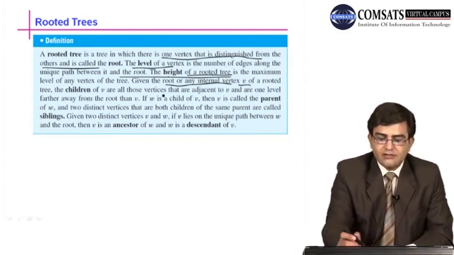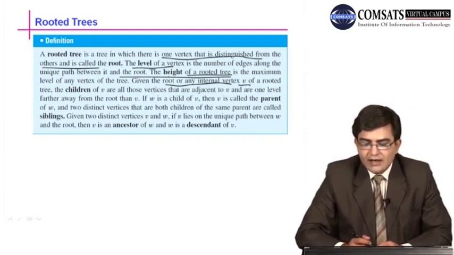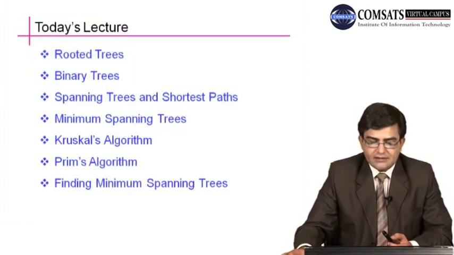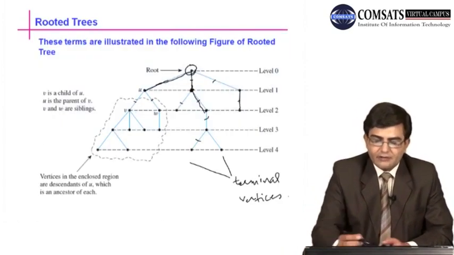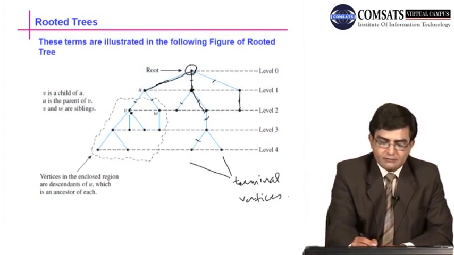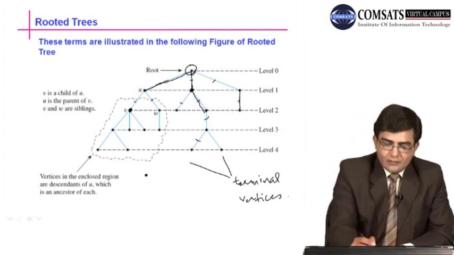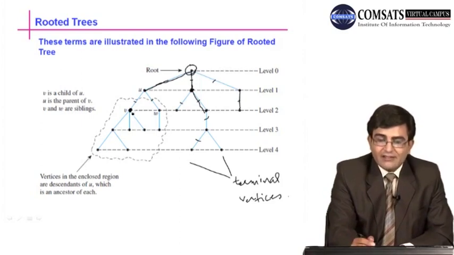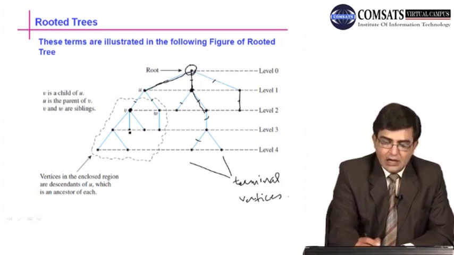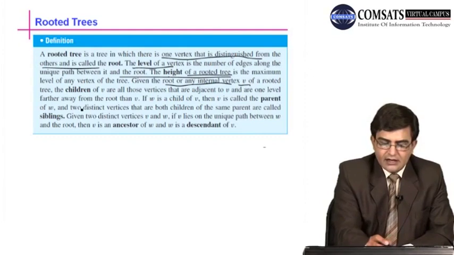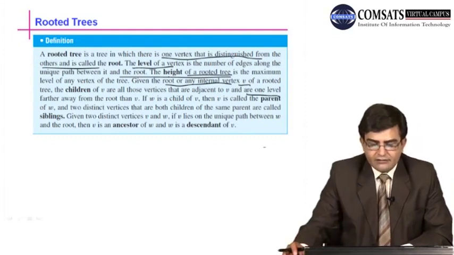So if we are given any internal vertex v of a rooted tree, the children of v are all those vertices that are adjacent to v and one level further away from the root than v. Now for example, in this rooted tree, suppose that this is v. This is an internal vertex of this rooted tree. Then the vertices one level further away from the root than v are these.